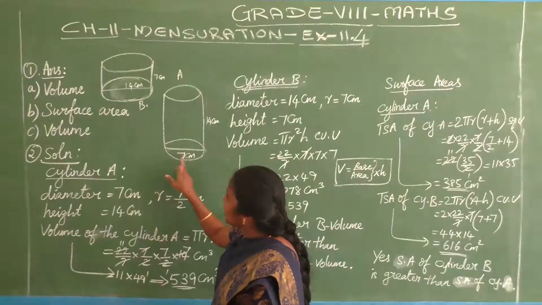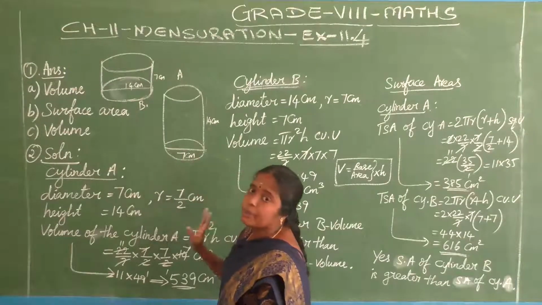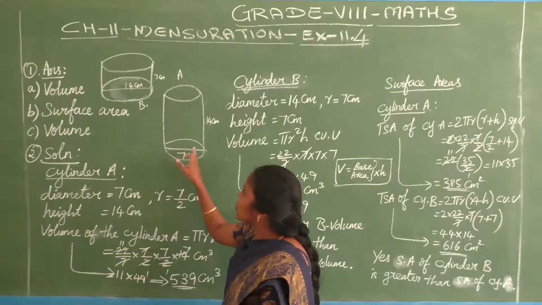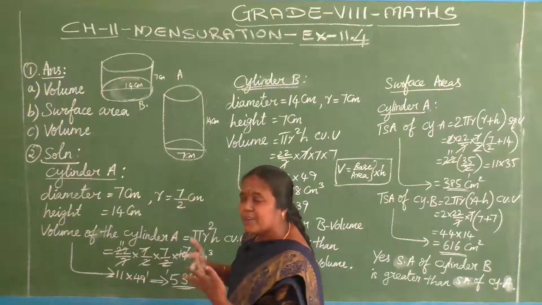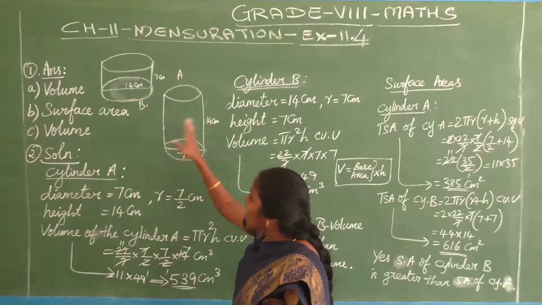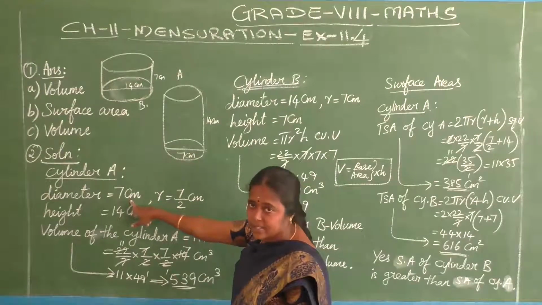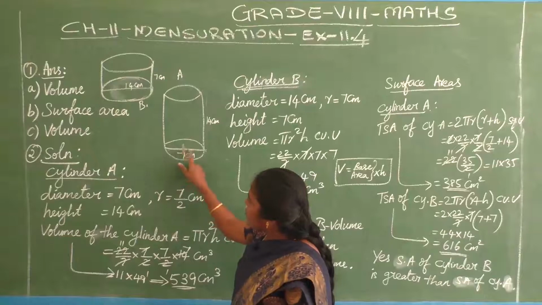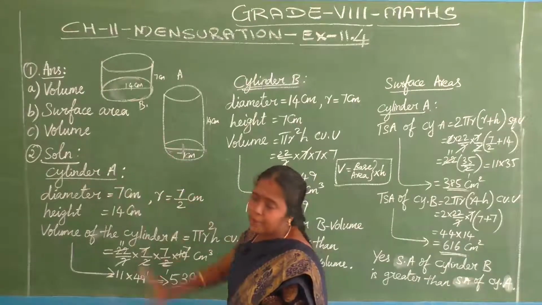Here in the question they mentioned the diameter of the cylinder A. So diameter given means we must find its radius. Actually, what is the link between radius and diameter? It is well known. Radius is half of the diameter of the circle. Yes or no? Radius is half of the diameter.